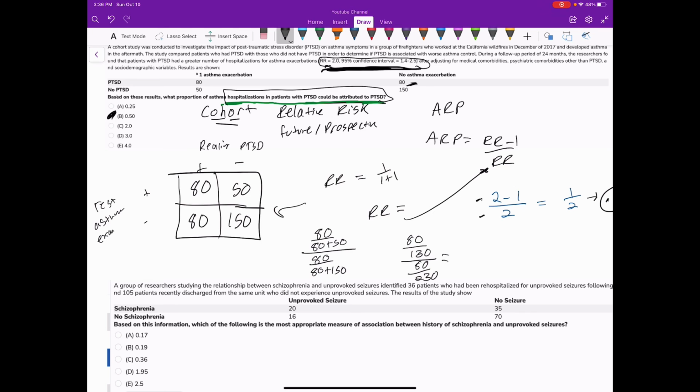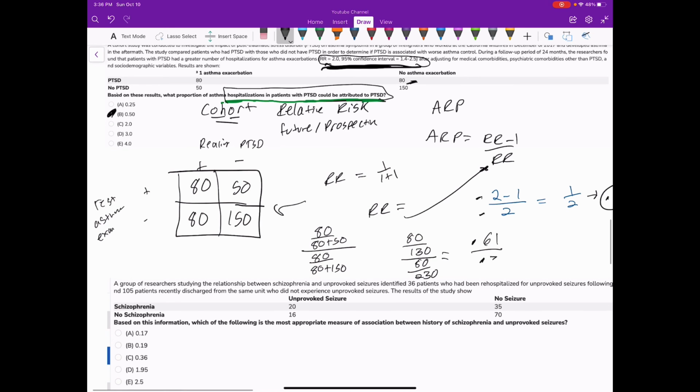Well, this is not the math I'm doing in my head. I'm just going to do 80 over 130. I'm going to get 0.61. Interesting. I'm going to do 80 over 230. I'm going to get 0.3.